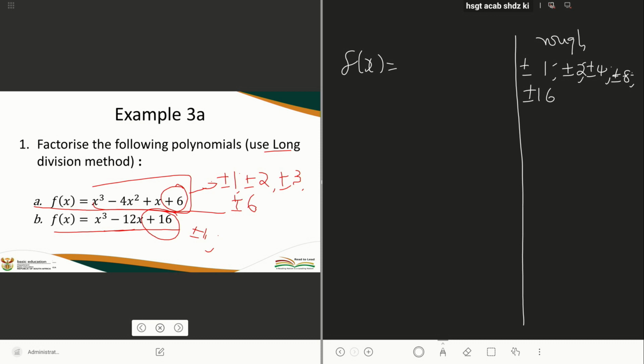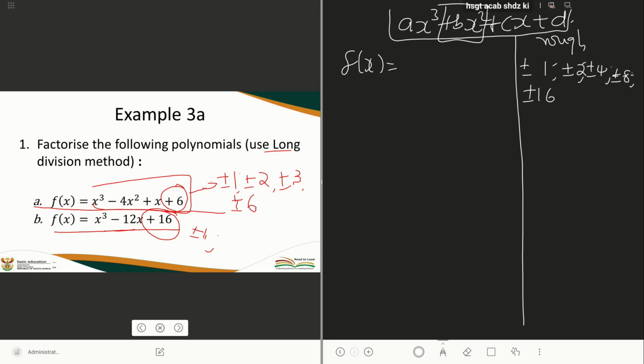Remember, we are saying this cubic polynomial should be in the form of ax cubed plus bx squared plus cx plus d, right? But there is this other term which is missing here. The second term, plus bx squared, is not here.